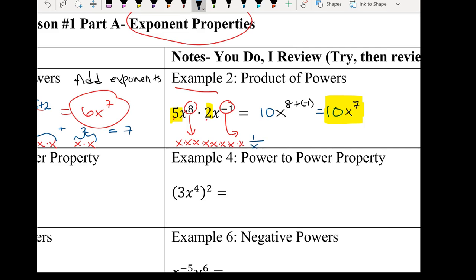So whenever you see a negative exponent, it means divide that thing that many times, or write it as 1 over that thing. Then we see here, if we multiplied, we would be able to cross out one of the x's because we have 1 multiplied, 1 divided, leaving us with a total of 1, 2, 3, 4, 5, 6, 7 x's. 7 x's. So however you want to see it, whether you want to see it written out as a bunch of x's, or you just want to apply our rule, which was add our exponents. So 8 plus negative 1 gives us the exponent.